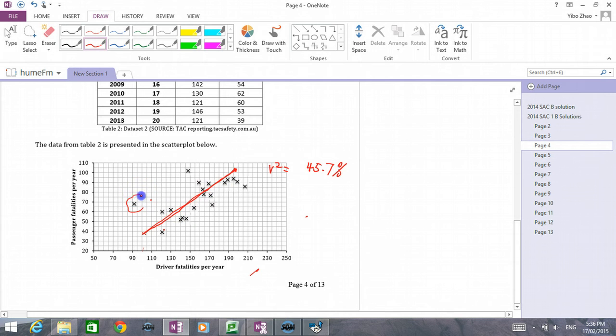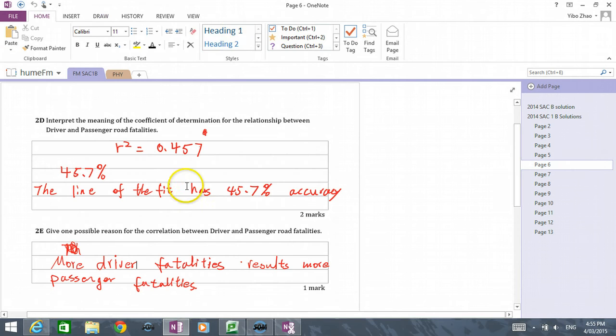Data like that and data like this, they're too far away from the line. Only 45.7% of the data can be explained by drawing straight lines. Others cannot. The accuracy means this.